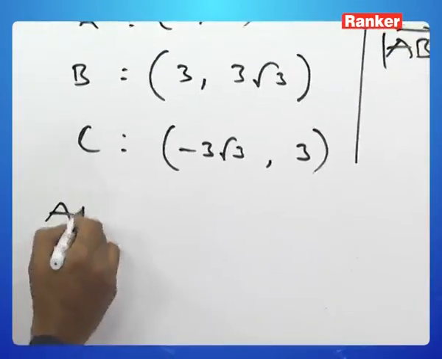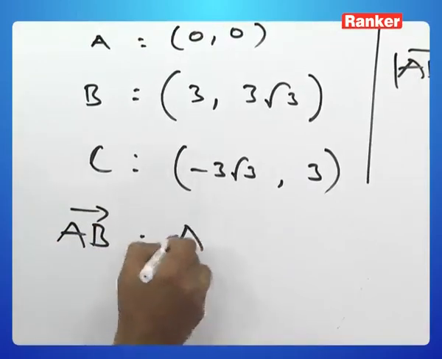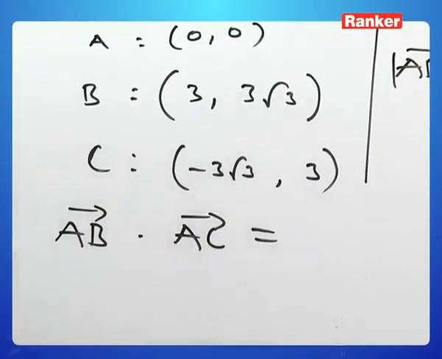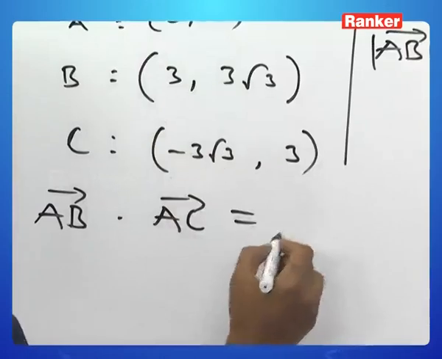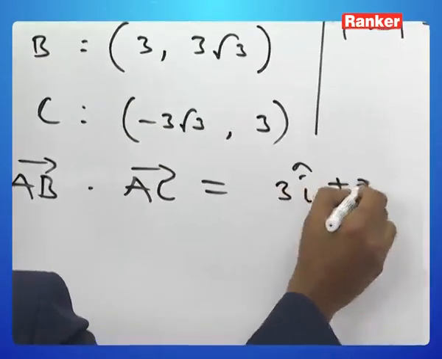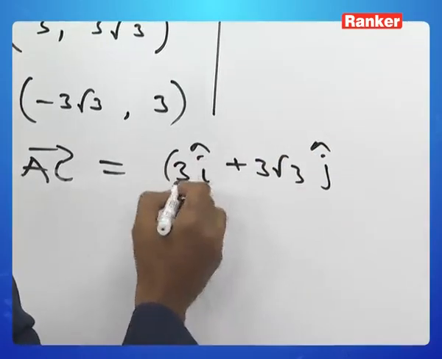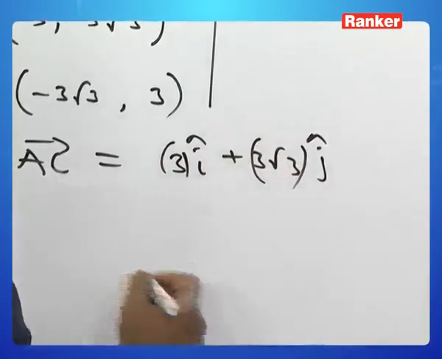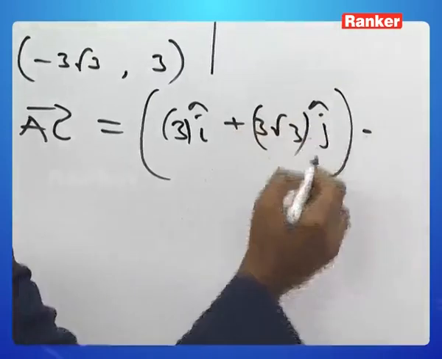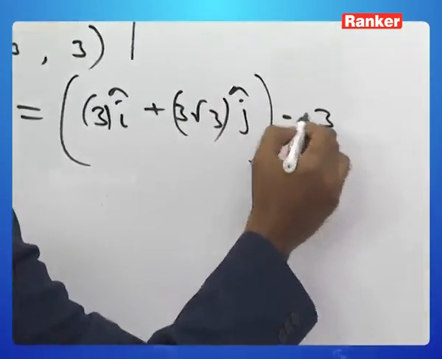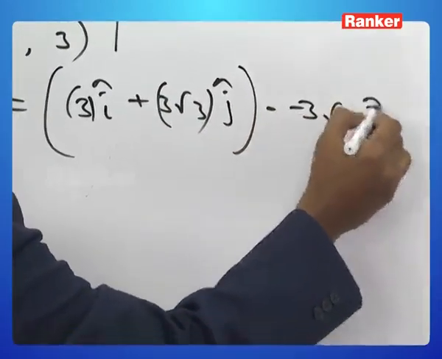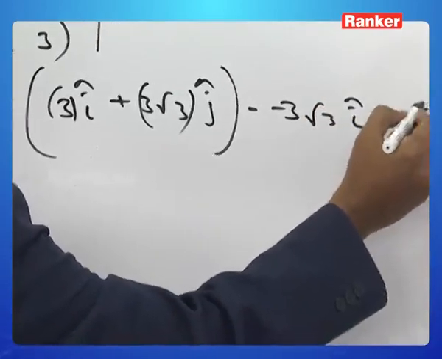What about the vector AB bar dot product with AC bar? Observe that. What is the AB vector? That is 3i plus 3 root 3 j. And now the dot product with minus 3 root 3 I cap plus 3j cap.